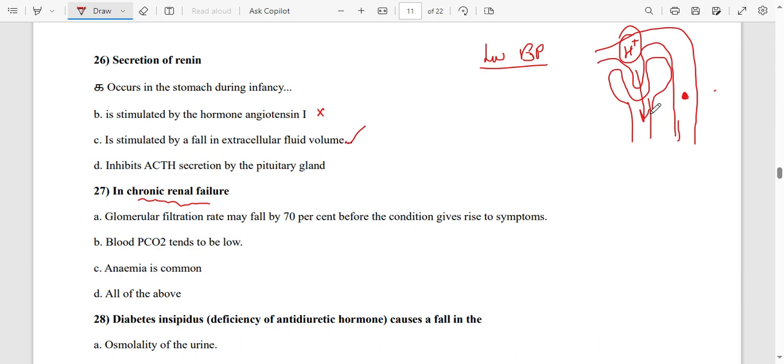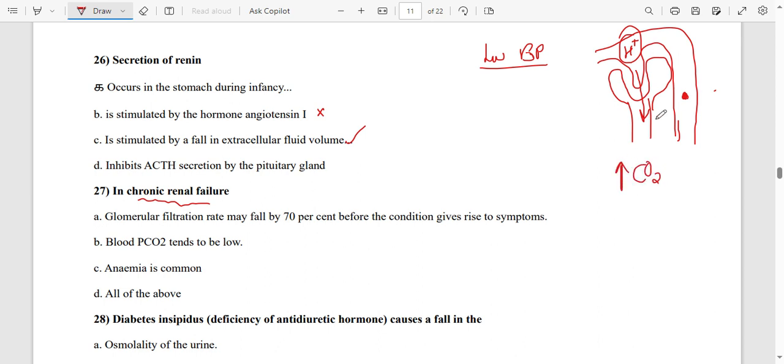Now, the body wants to compensate for the metabolic acidosis. So it wants to reduce the amount of hydrogen that will come from respiration. Because of that, you are going to be breathing very fast so that you can excrete more carbon dioxide.